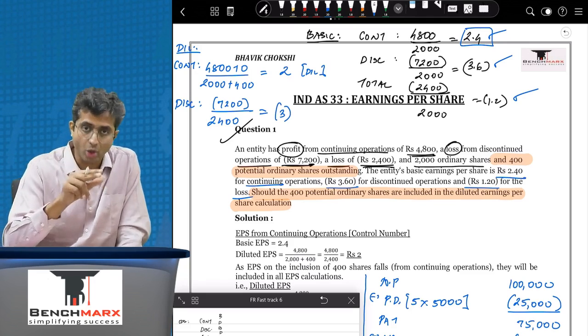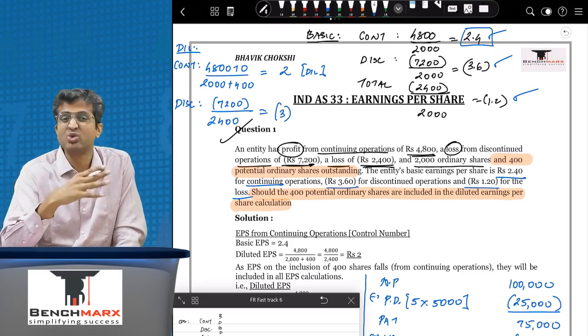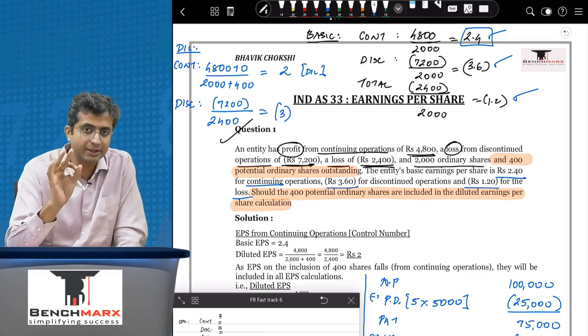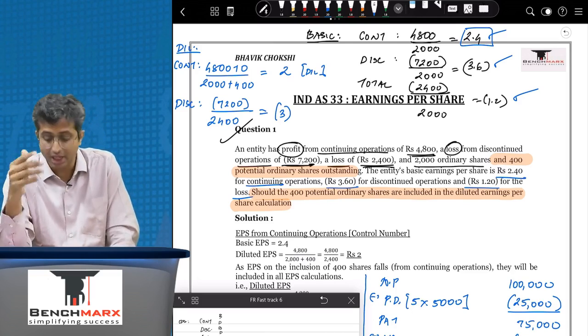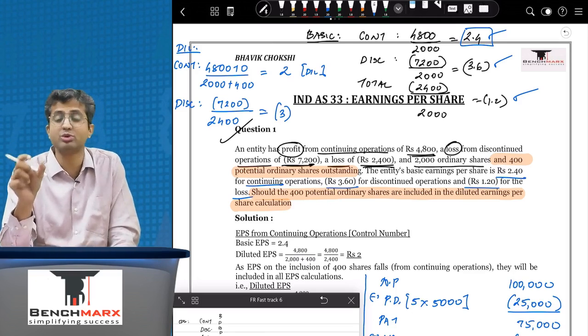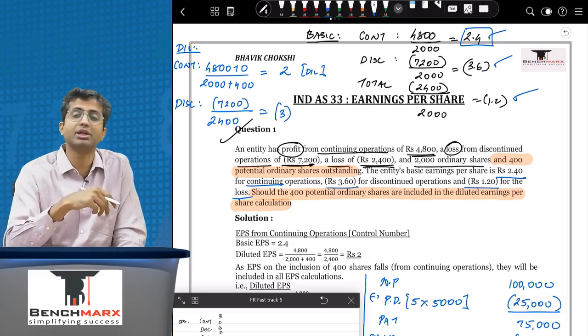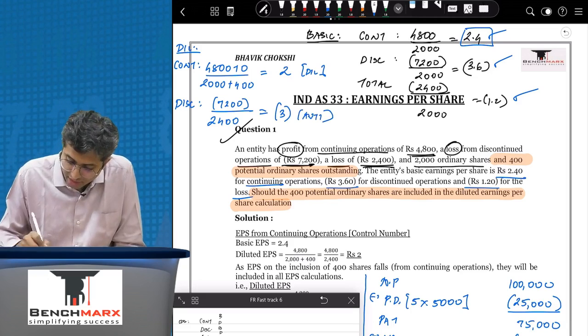Remember, whenever there is a loss, 3.6 is worse as compared to a negative 3. I'll again repeat, a loss of 3.6 is worse than a loss of 3. So if you include 400, the loss per share is falling. The loss per share, which was actually 3.6, is now becoming 3, and hence it is favorable, and hence this will be anti-dilutive.